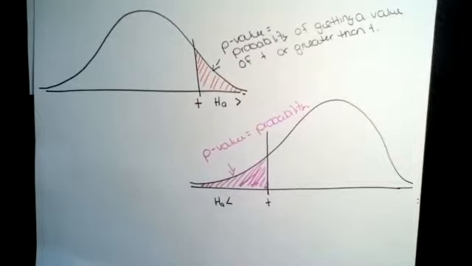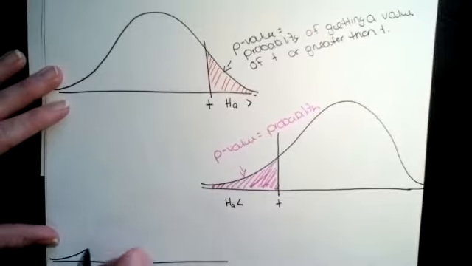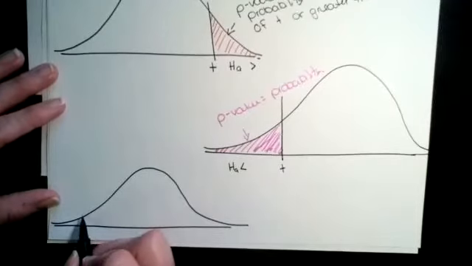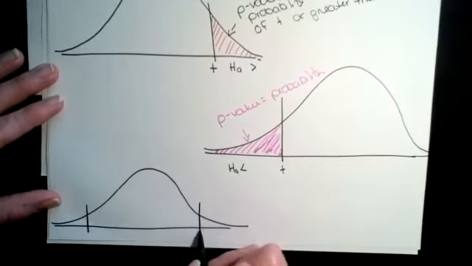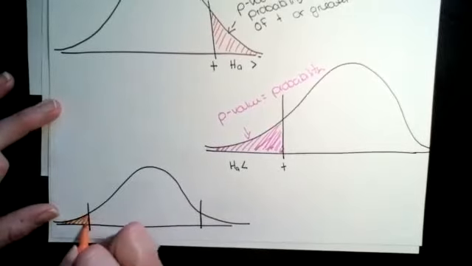Now, here in the last scenario where I have my curve, and maybe it's a not equals, so maybe we're looking at both sides. So we have to the left and to the right.